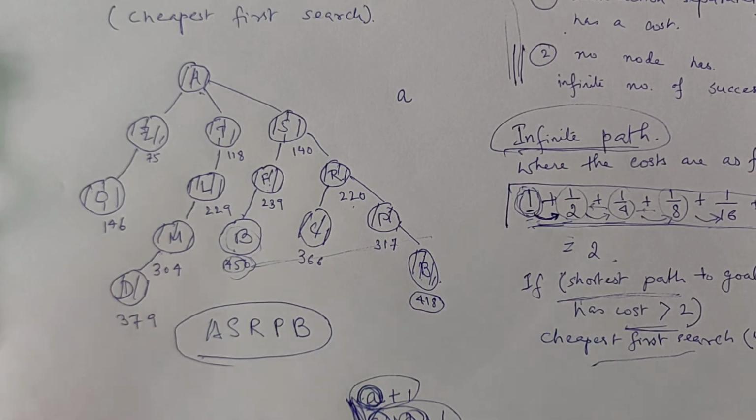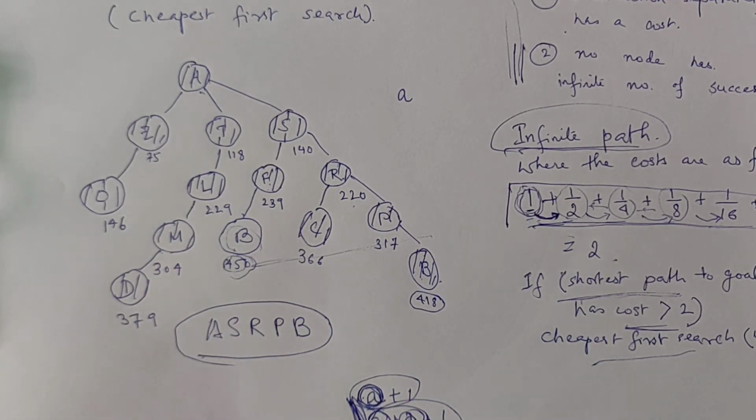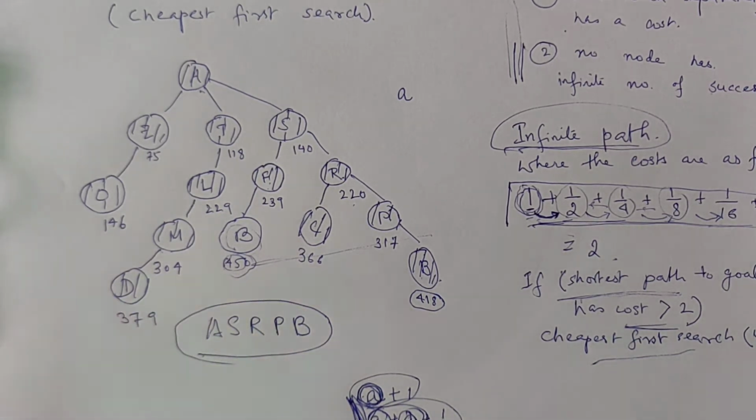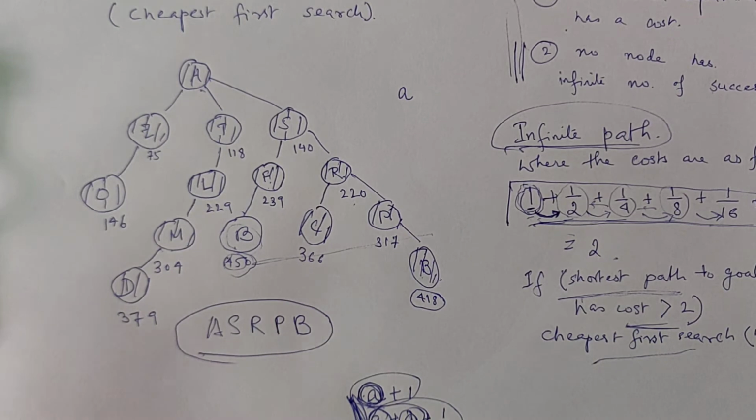No. This is because if we had stopped our search here, we would have got a suboptimal solution having a path cost of 450. So the uniform cost search strategy always explores all the paths to the goal until it finds the least cost solution.